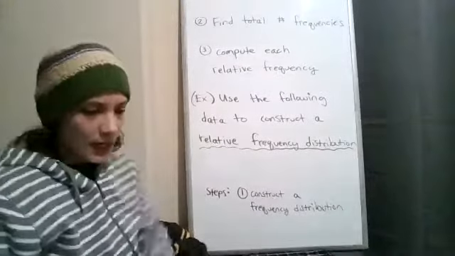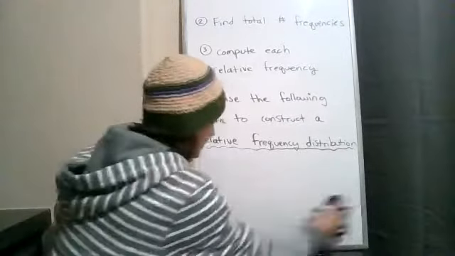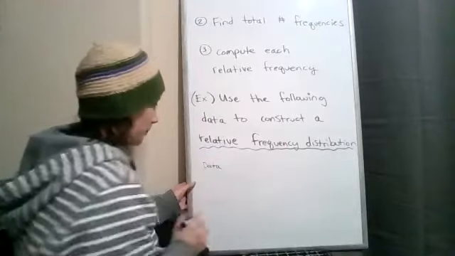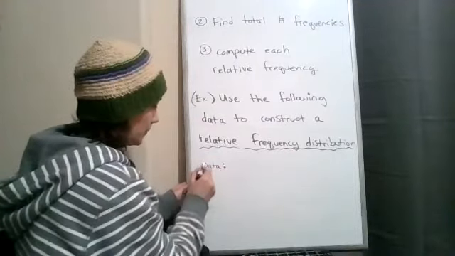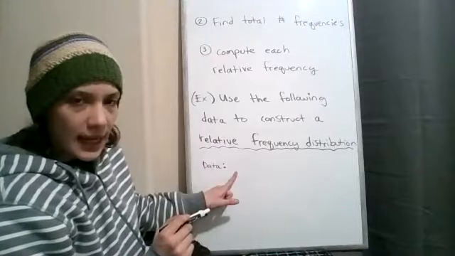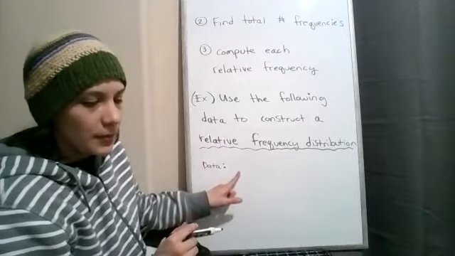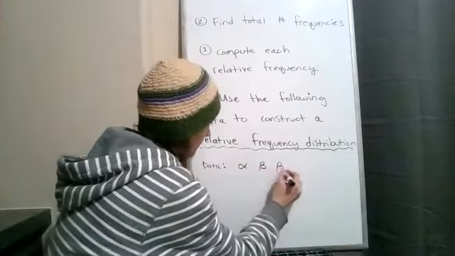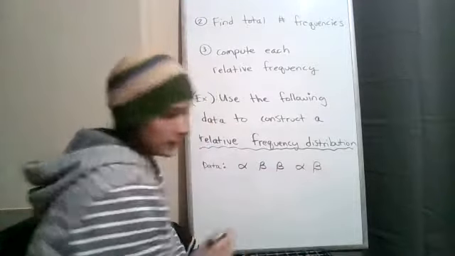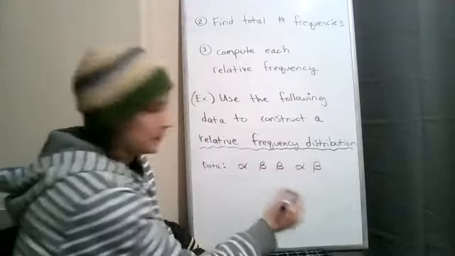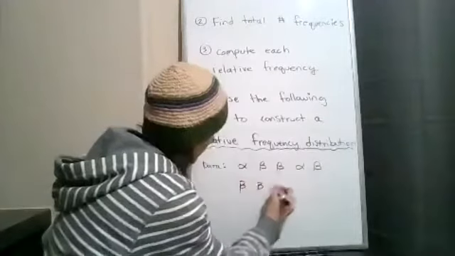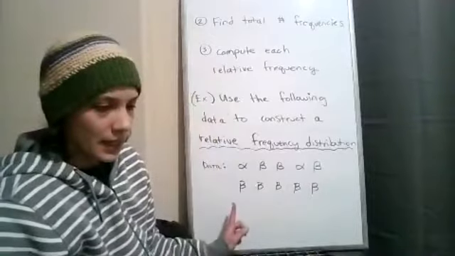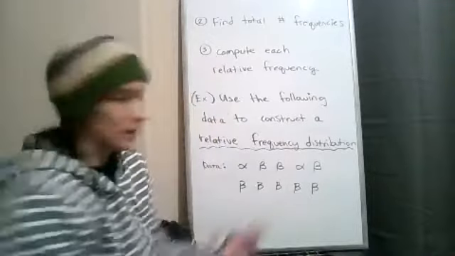Alrighty, so the data looks like this. I have alpha, beta, beta, alpha, beta. And then a row of beta. And then beta, beta, beta, alpha, beta.